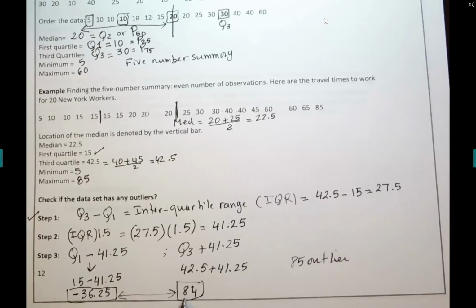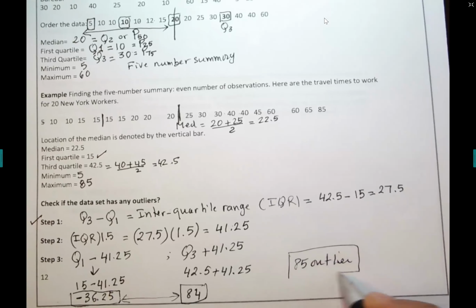So if this number, guys, turned out to be 86, then you would have said no outliers because the 85 is below 86. So all values that fall between these two numbers are not outliers, and all values that fall outside of this range are outliers. And this is how you figure it out.